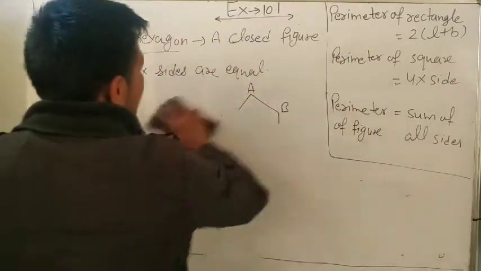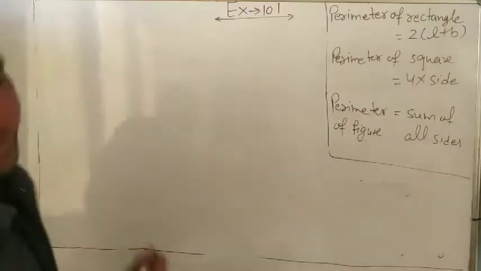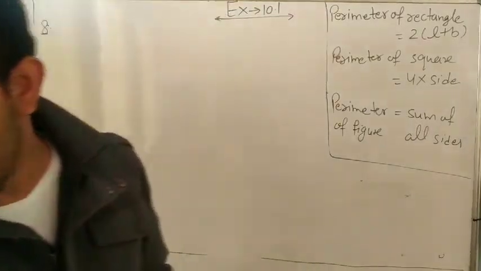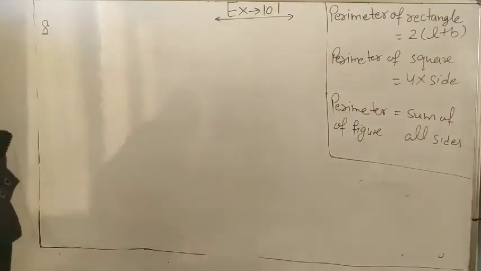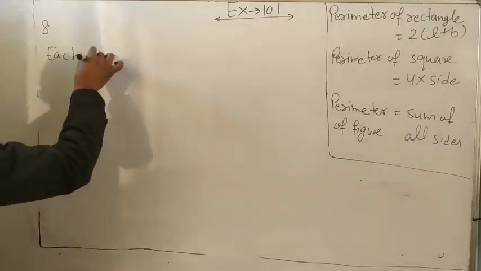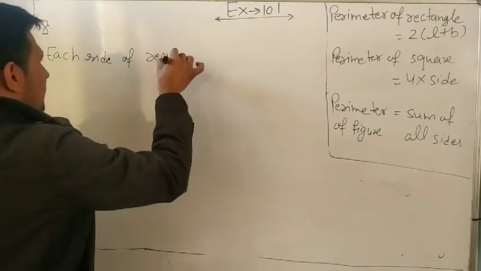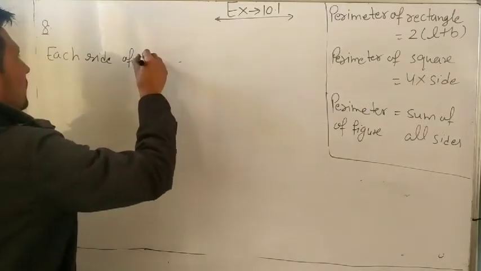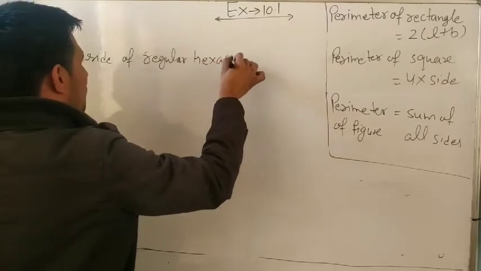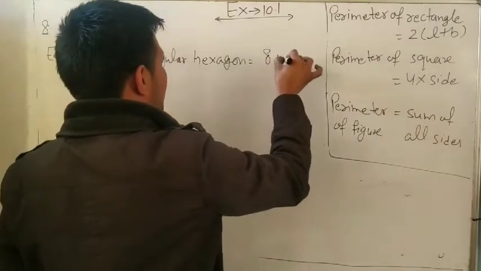So now question number 8. Note it down. Find the perimeter of a regular hexagon with each side measuring 8. So write: each side of the regular hexagon, how much is given? 8 meters.